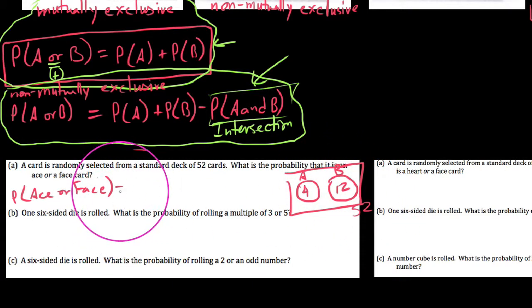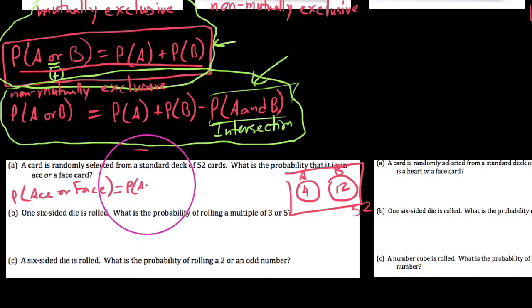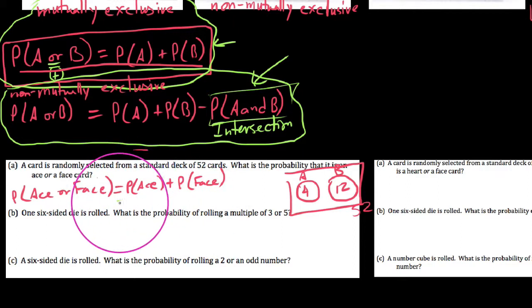To rewrite this using the formulas we see here, probability of ace or face, we'll use this first formula right here for mutually exclusive things. We'll rewrite this as the probability of ace plus the probability of face, and we could just add these up. The probability I get an ace is 4 out of 52, plus the probability I get a face is 12 out of 52.